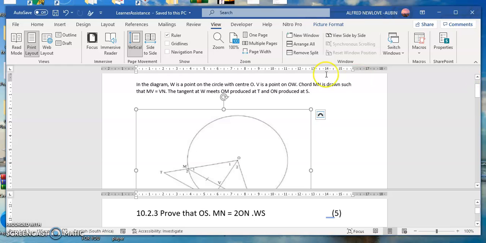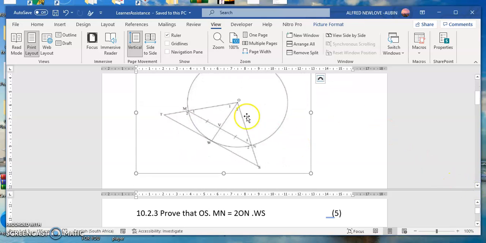Then it continues to say that the tangent at W meets OM produced at T. So OM is produced at T, then ON also produced at S. Then the question says prove.